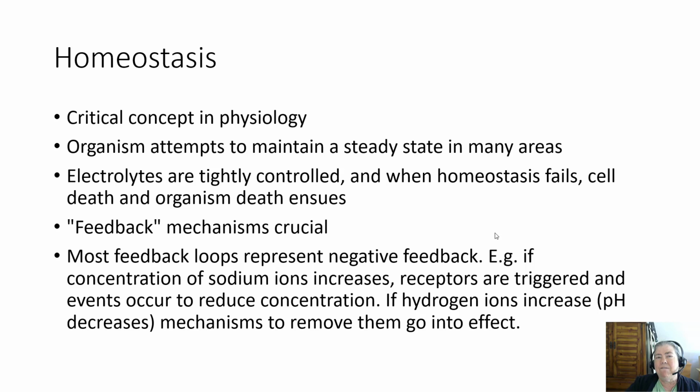When there is a failure of the homeostatic mechanisms that control those concentrations, cells die and people die. The organism dies. So, in order to maintain homeostasis, there are what we call feedback mechanisms or feedback loops, and most of them are negative feedback loops.